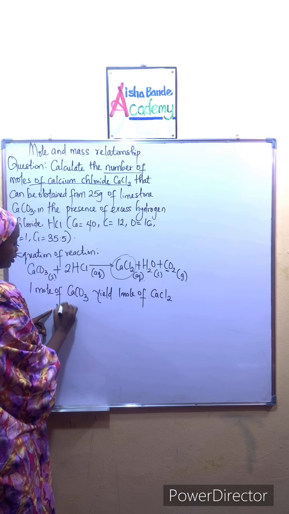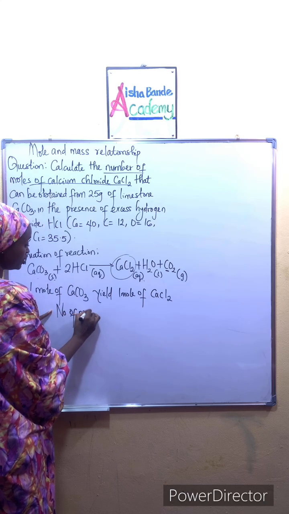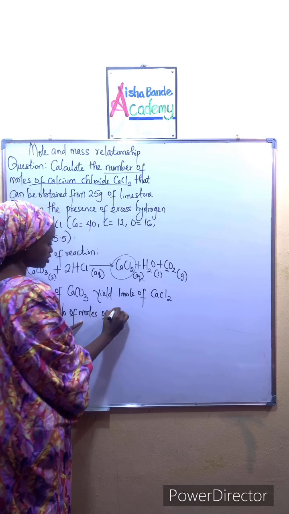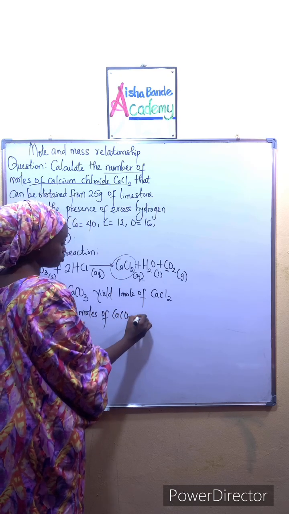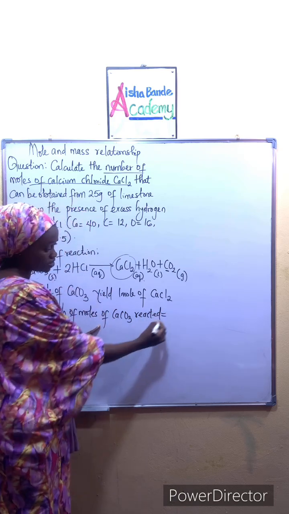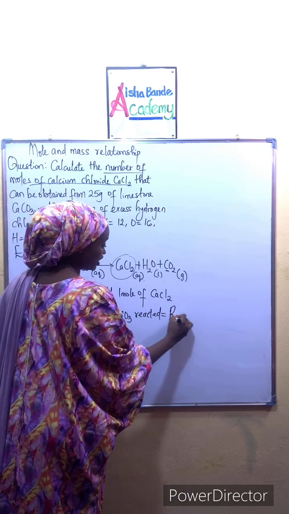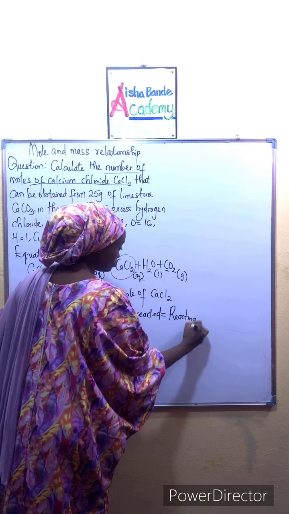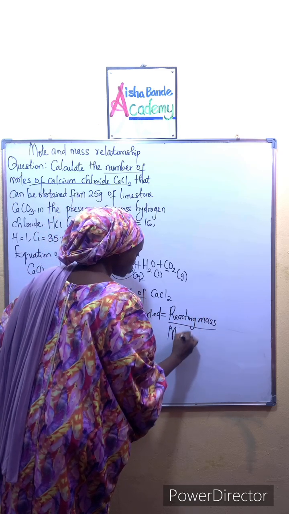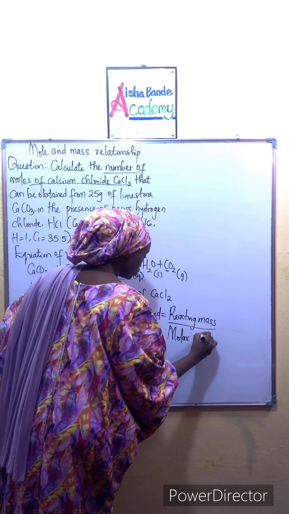So now for us to find the number of moles of the limestone, so the number of moles of CaCO3, which is limestone, reacted, we have a formula to calculate number of moles, which is reacting mass divided by the molar mass. So all we need to do now is for us to substitute in the values.